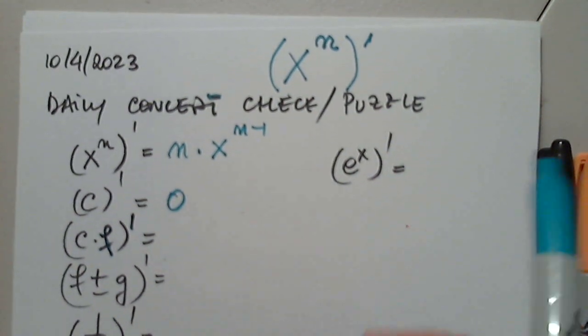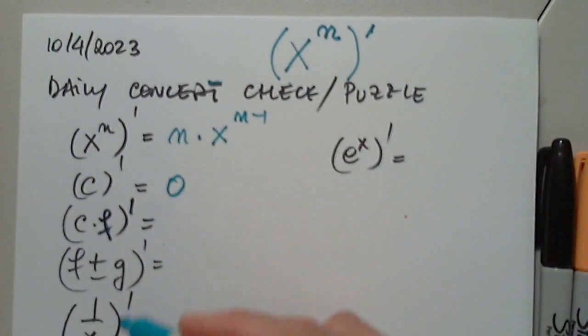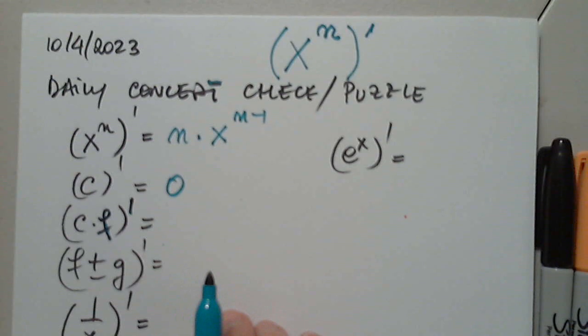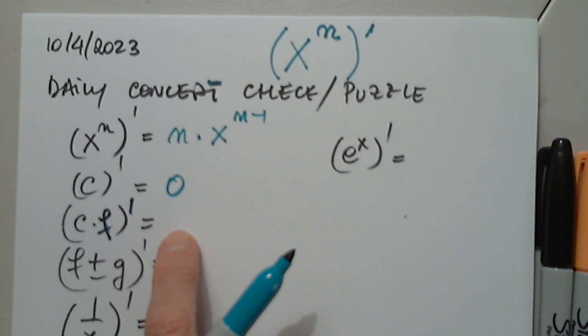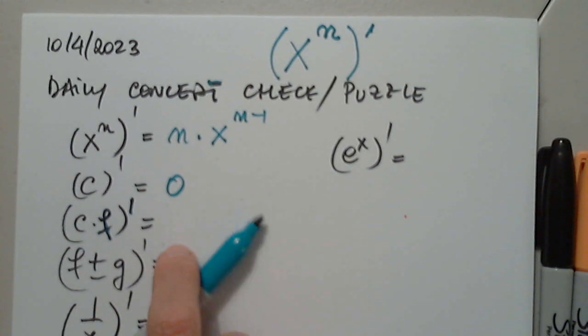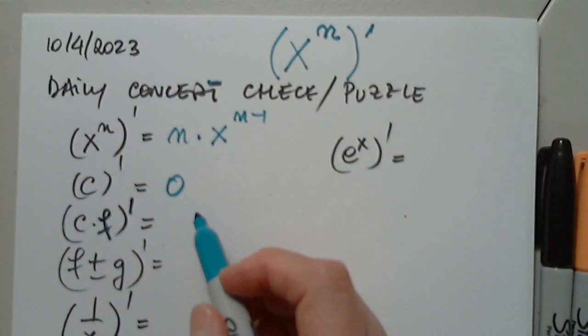So these are the basic differentiation rules. We can have difficulties with these. C times a function prime. That's just C prime times F prime.